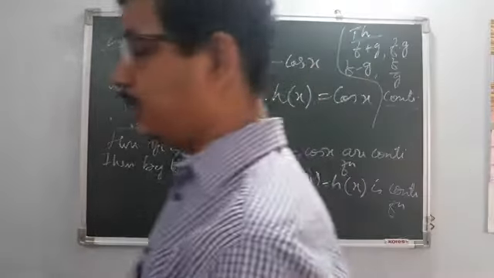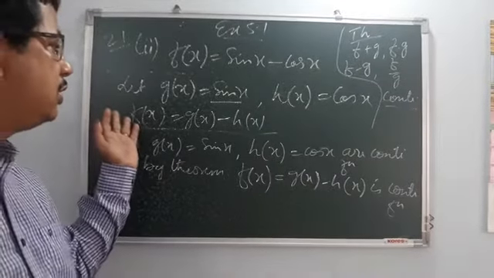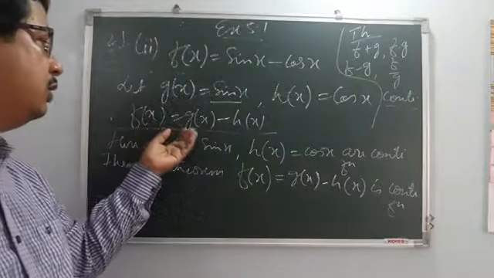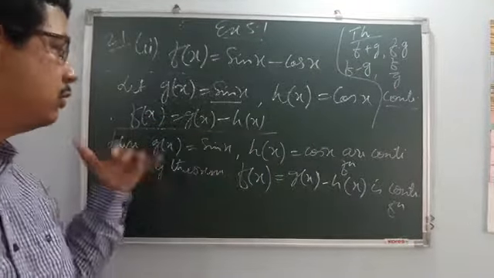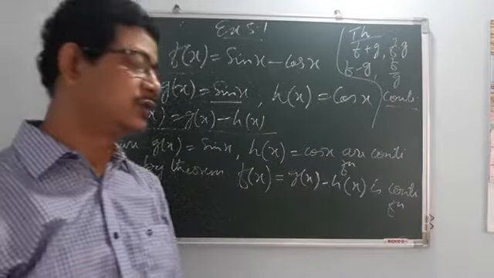Here f(x) is given as sin x minus cos x. So definitely the difference of two continuous functions is also continuous. So that's why our f(x) is also continuous.